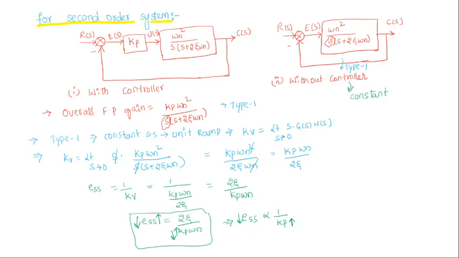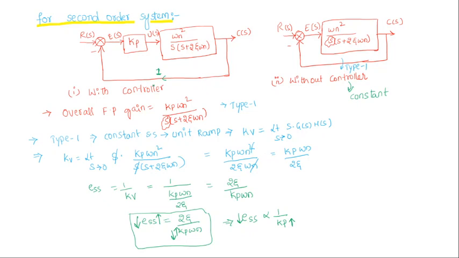Now we take the transfer function of this system. This is a negative feedback system, so C of S by R of S equals forward path gain divided by 1 plus forward path gain into feedback path gain. This is a unity feedback system, so the feedback path gain is 1.